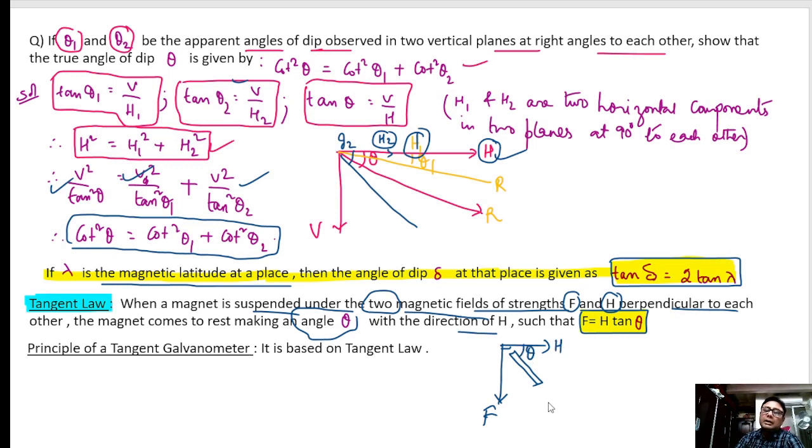The magnet comes at an angle theta with the horizontal field, so we can write that F will be H tan theta. The principle of a tangent galvanometer is based on the tangent law. This is the formula for the tangent law. Clear?